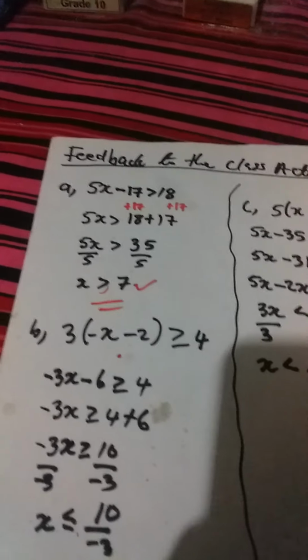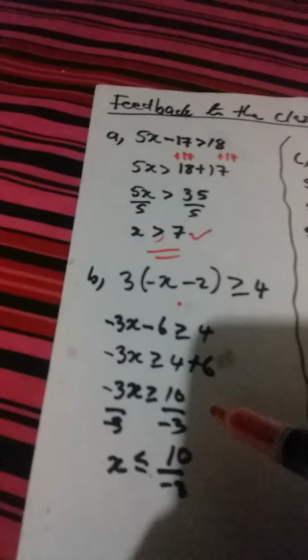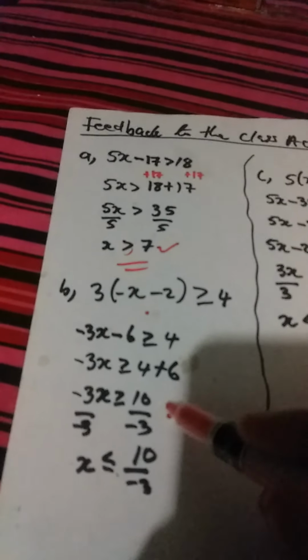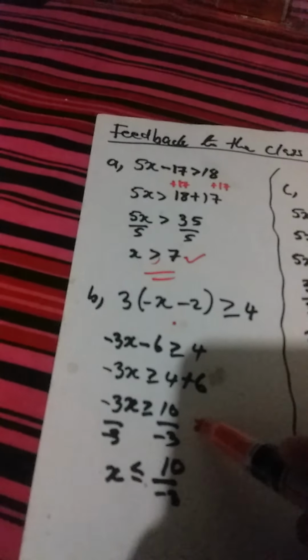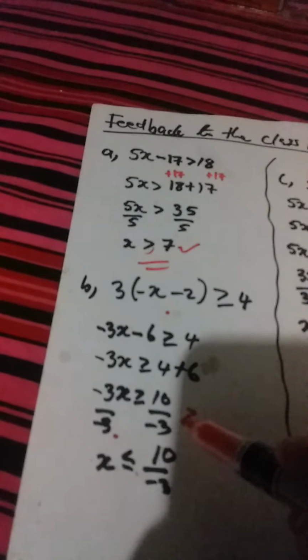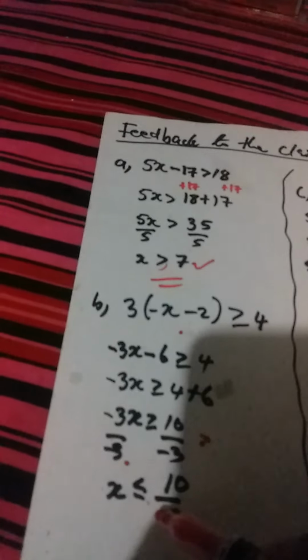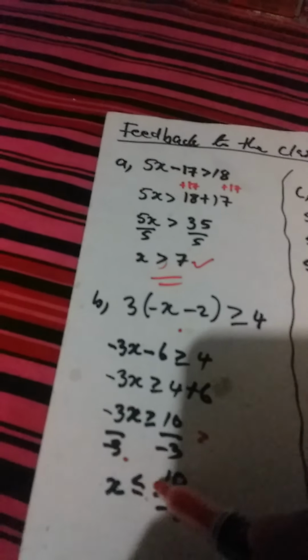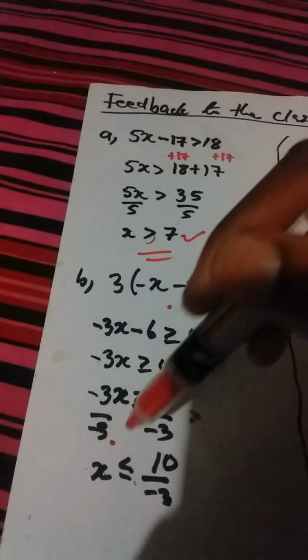We have to get all the like terms on one side, and therefore at this step here we are dividing with negative 3 on both sides, isn't it? And whenever you divide with a negative number, the sign has to change. That means you have to change the direction of the inequality sign.